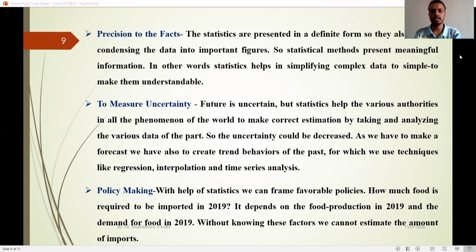So the uncertainty could be decreased as we have to make a forecast. We also have to create the trend behavior of the past, for which we use techniques like regression, interpolation, and time series analysis.